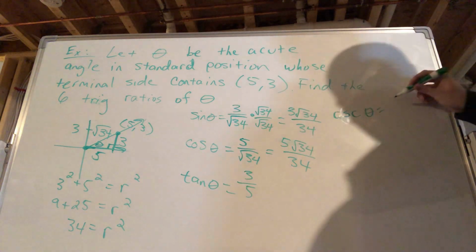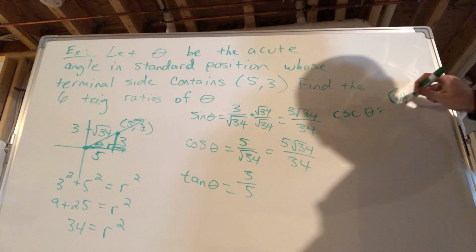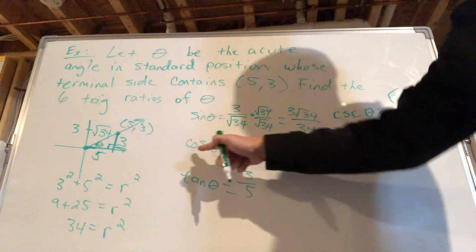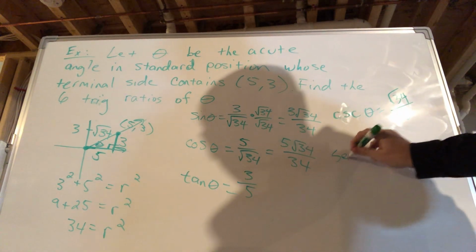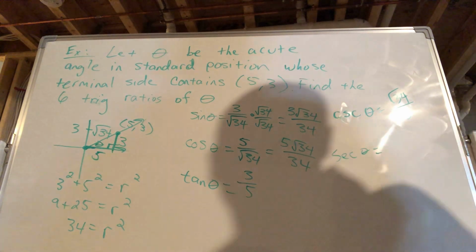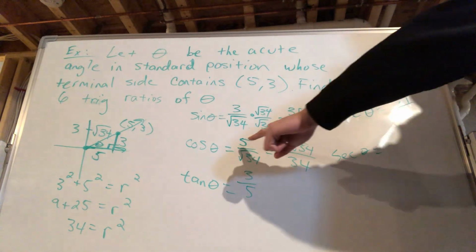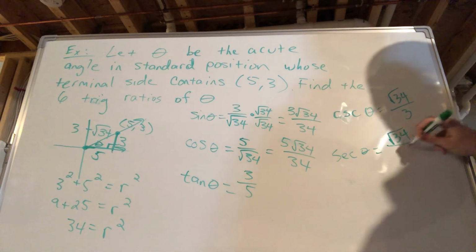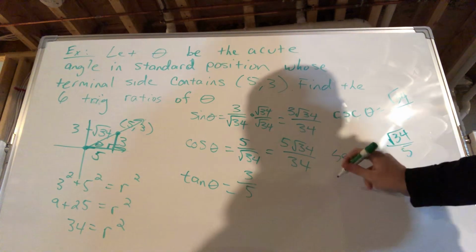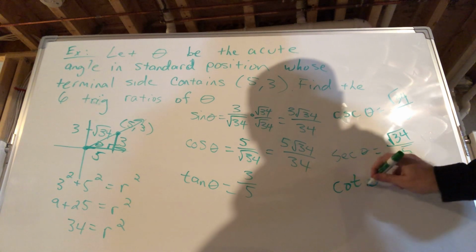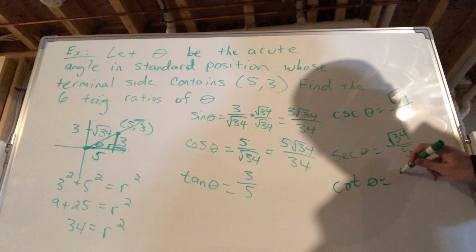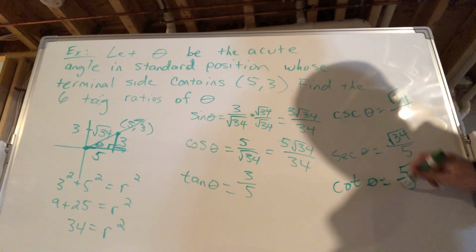If I flipped it, wouldn't that be the square root of 34 over 3? Hopefully that makes sense. Cosine, the reciprocal of that is just secant. So secant of theta, well, we would just flip this guy. So it's going to be the square root of 34 over 5. And then cotangent, that one's pretty easy to remember. It's the reciprocal of tangent. That's 5/3. Flip 3/5, 5/3.